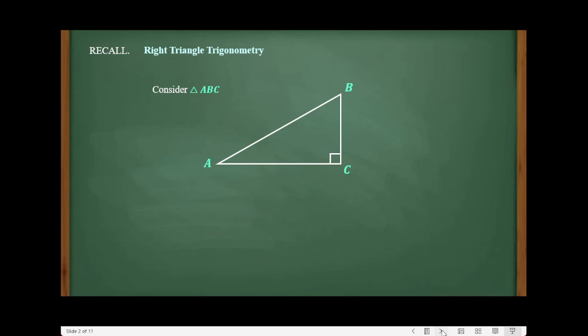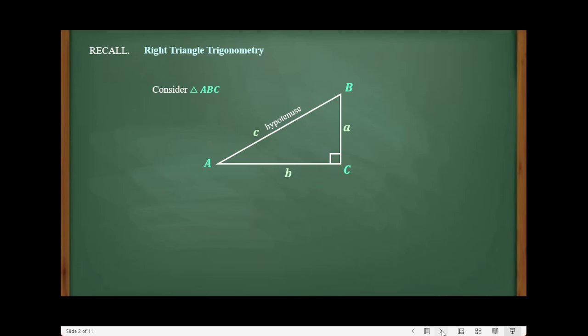Now let us have a recall, particularly about what I discussed in right triangle trigonometry. Now consider again this right triangle ABC. We know that the longest side, usually denoted by small letter C, and the other two sides are denoted by small letters A and B. And side small letter A is usually the shorter leg, and side small letter B is usually the longer leg.